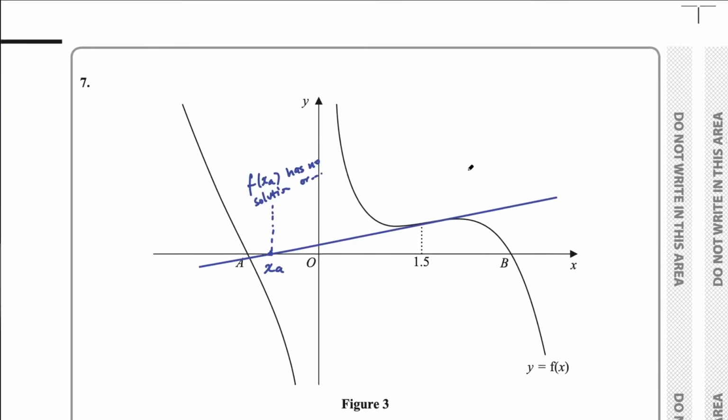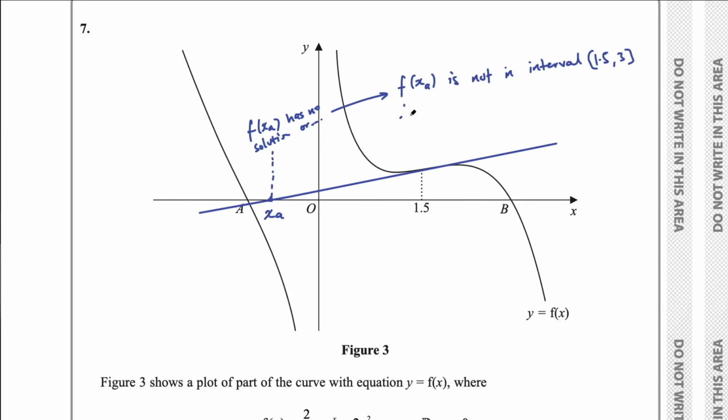So we could also say f of x sub a is not in the interval 1.5, 3. So it needs to be in here somewhere, so you end up actually getting an approximation closer to b, not further away or on some other part of the curve. So therefore 1.5 is not a good first approximation.